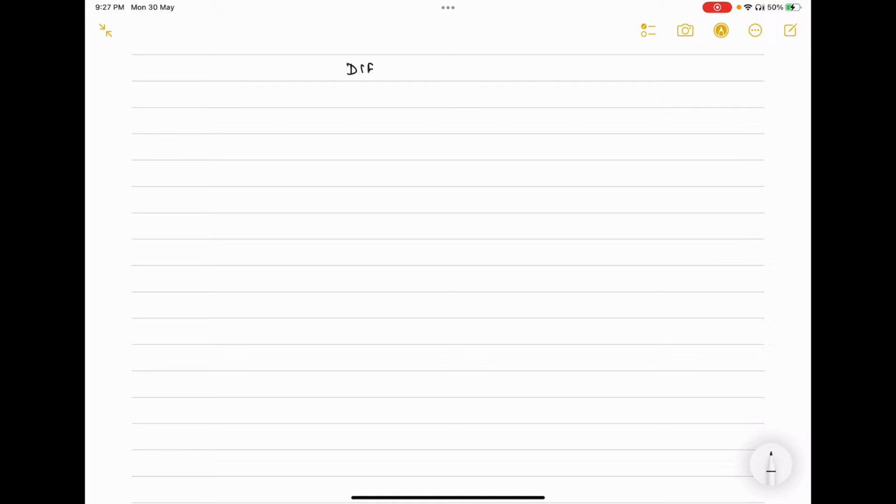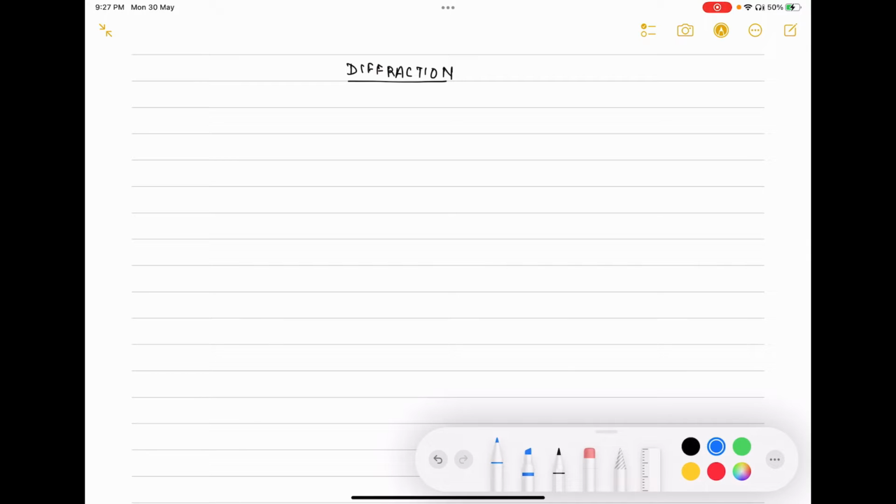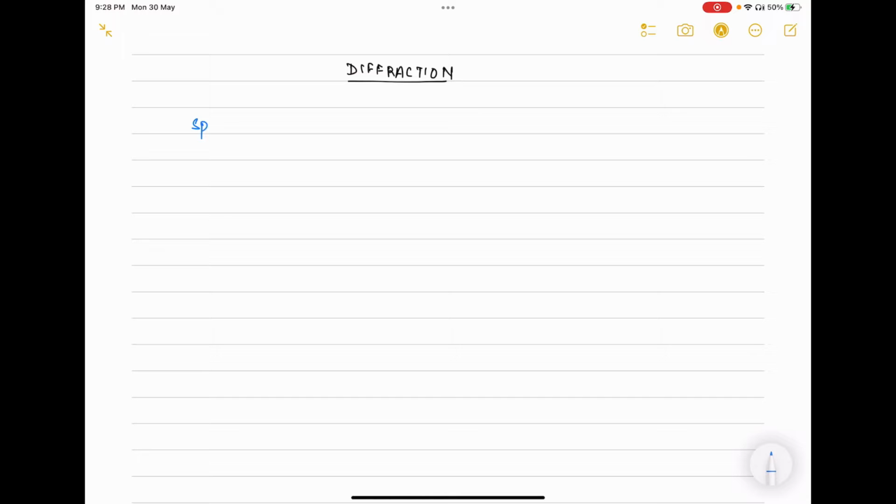Today we are going to study diffraction. So, what is diffraction? Diffraction can be thought of as a special case of constructive and destructive interference, a case where there are a large number of scatterers.